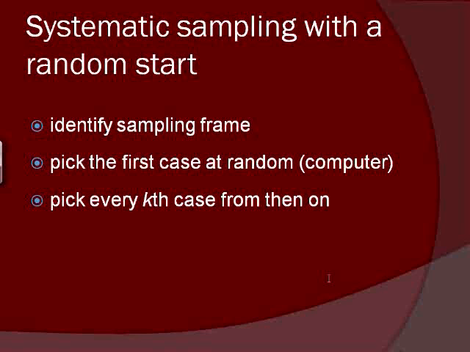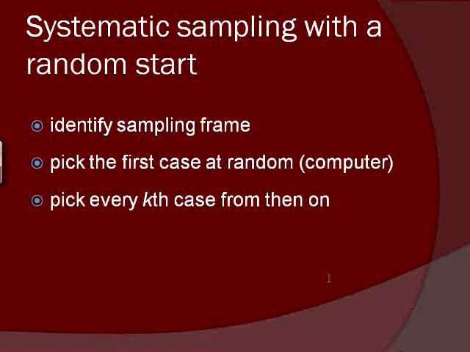And it is calculated based on the size of your population and the size of your sample. So let's say my population consists of 1,000 cases and I want only 100 cases for my sample, and I want to use systematic sampling with random start, my sampling interval will be 10.